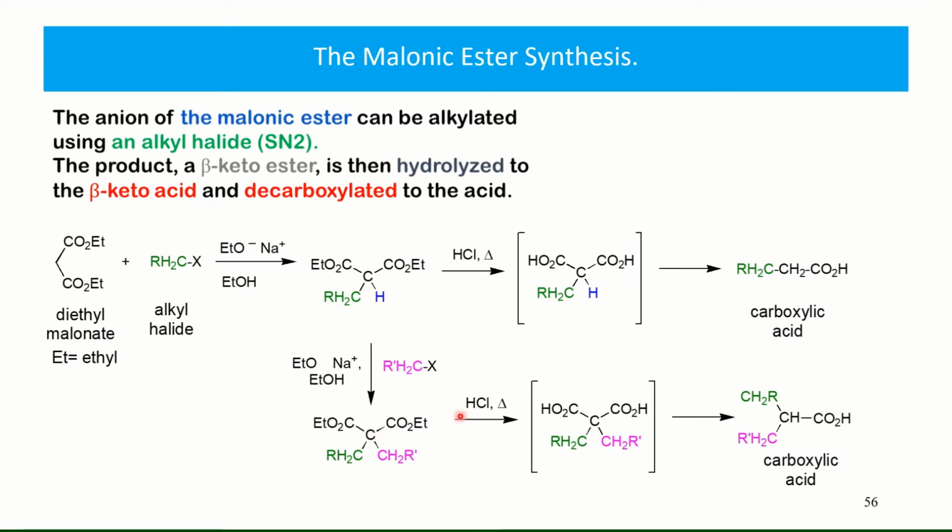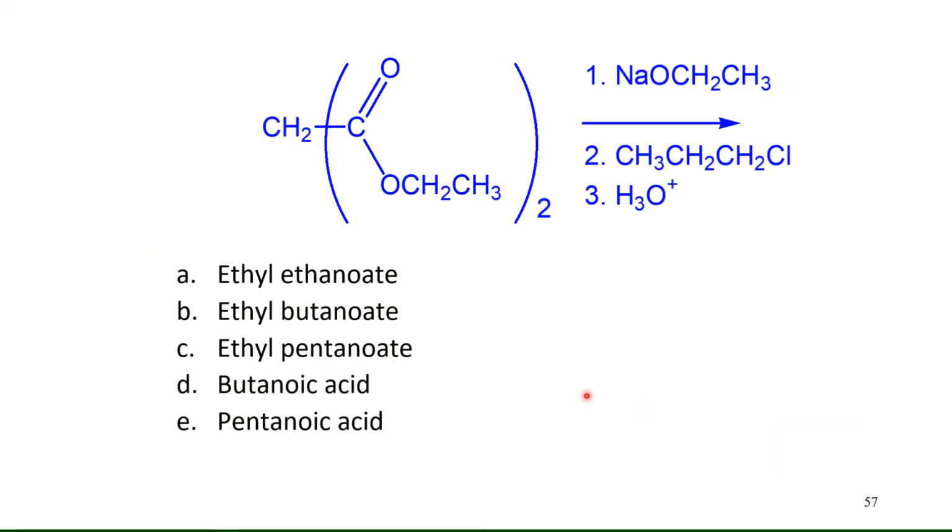Thus, when we saponify and heat, we end up with a carboxylic acid with 2 alkyl groups coupled to the alpha carbon.